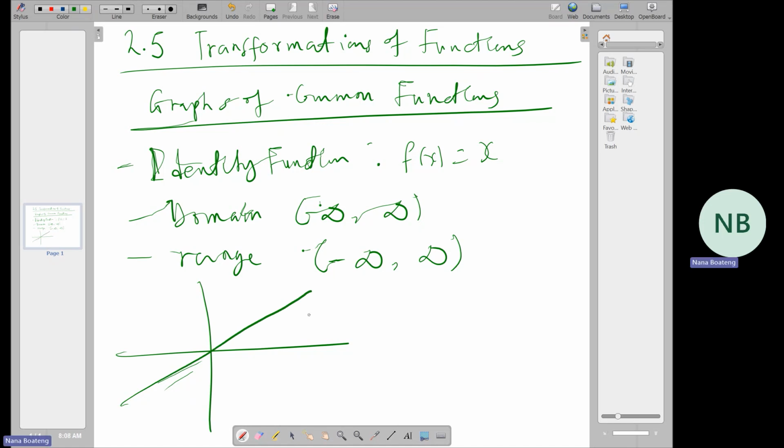This is the graph of y is equal to f of x, or y is equal to x. We can see that it's increasing throughout the domain, from minus infinity to positive infinity, and it's also an odd function.